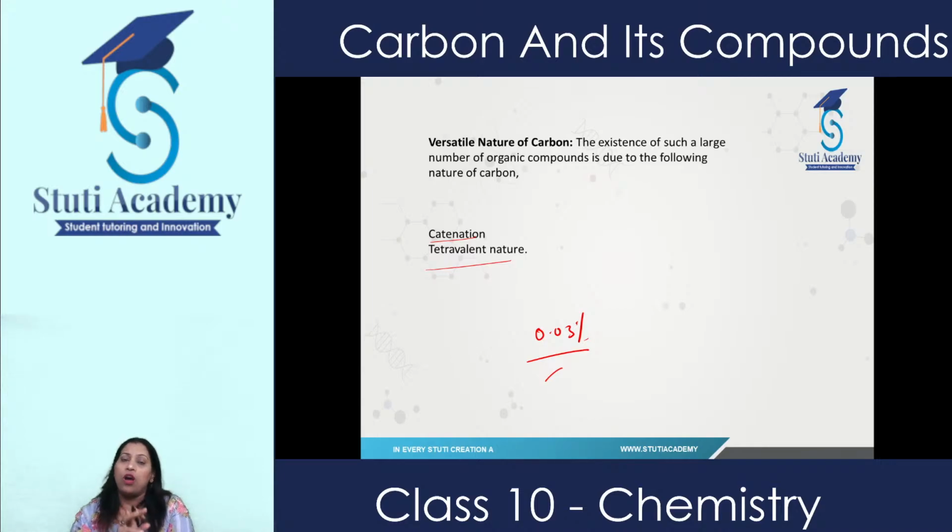See, if we talk about diamond, as I told you, one carbon combines with four carbon atoms, and as a result, it forms a tetrahedral, or we can say 3D, kind of structure.